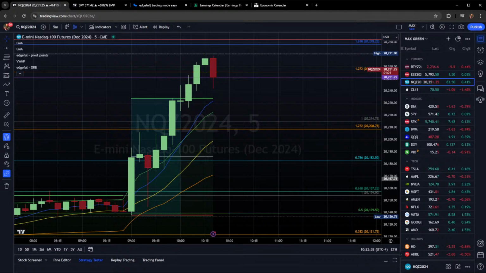And as long as ES is struggling, I'm looking at the book map, seeing more selling on ES. If anything, I see ES coming down, and QQQ may just chop. We may just do this.